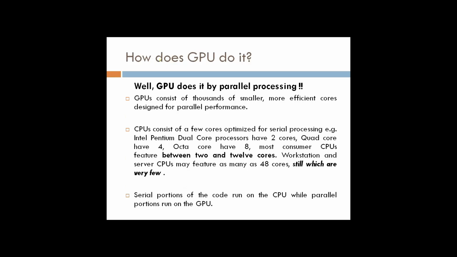So as we discussed, how does the GPU enhance the efficiency of our code? It does it by parallel processing. The GPU consists of thousands of smaller, more efficient cores designed for parallel performance. And the CPU consists of a few cores optimized for serial processing.